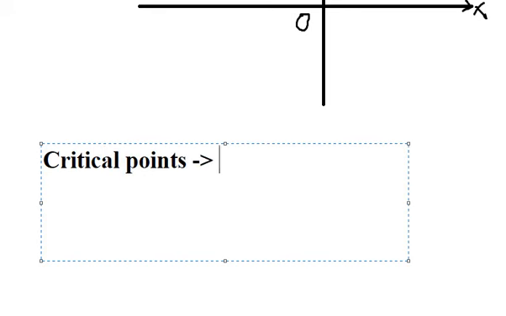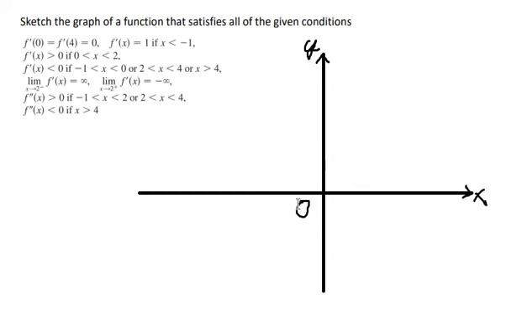That means they will be a local max or local min. We put 0 and 4 in here because we know they are critical points, but we don't know whether they are local max or local min.